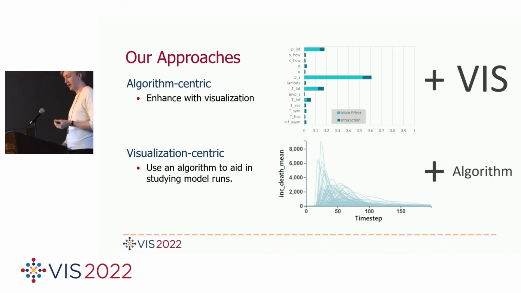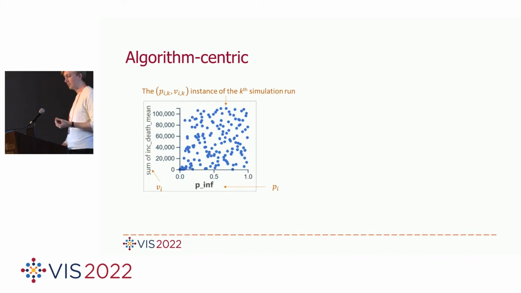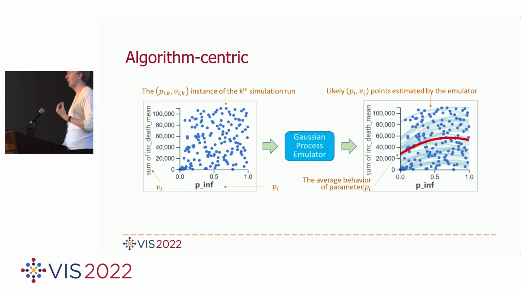So if we start out with the algorithm-centric approach, at first it looks very similar to the analysis the algorithm does. You pick a scalar feature, sample parameter space uniformly, arrange it based on the value of a parameter. We then use a Gaussian process emulator, which is beyond the scope of this talk. But the neat thing about the Gaussian process emulator is that it allows us to estimate the average effect of varying just the parameter in question.